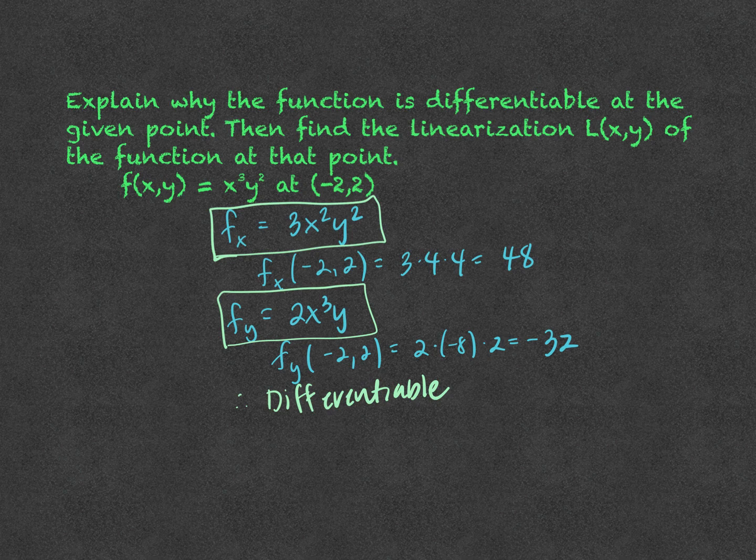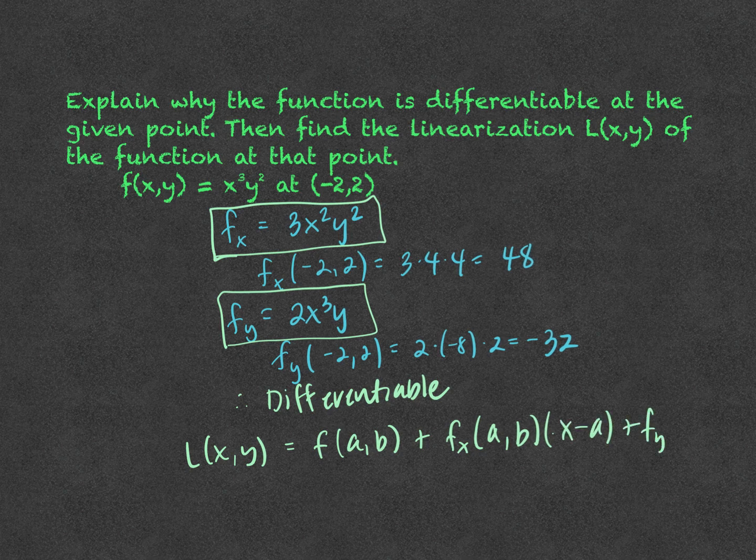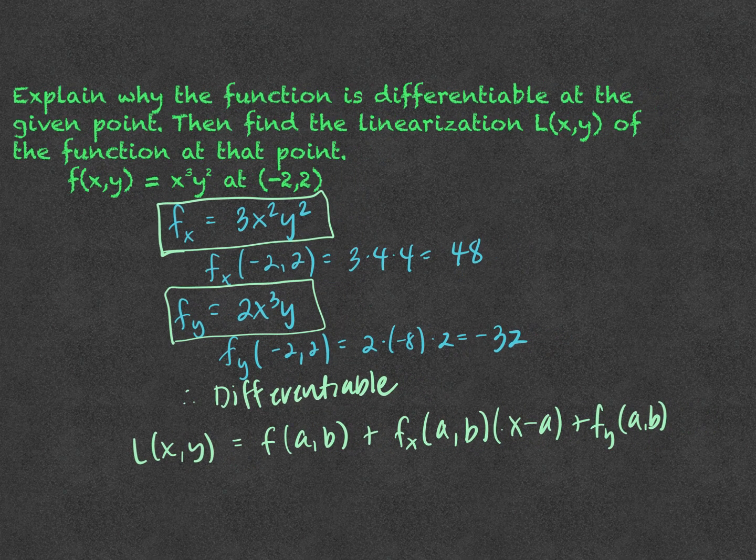Then we're going to look at linearization. Remember that our linearization formula says f of (x, y), they use (a, b), is f(a, b) plus the partial derivative with respect to x at (a, b) times x minus a, plus the partial derivative with respect to y at (a, b) times y minus b.